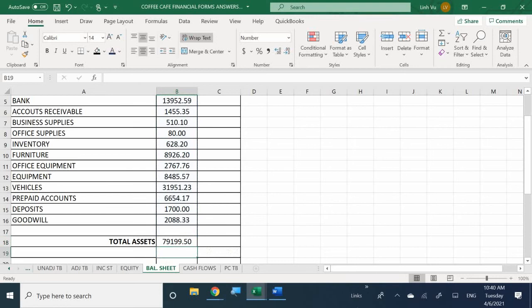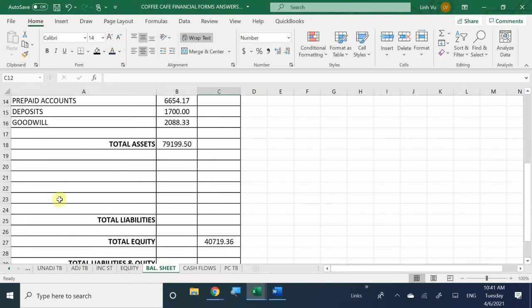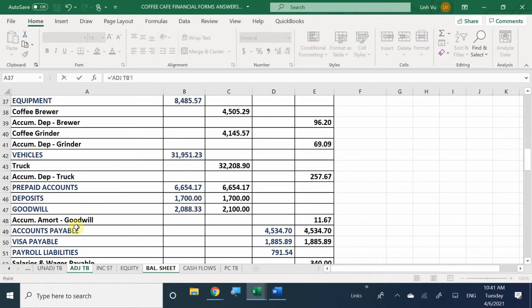So I have 79,199.50 worth of assets. Now let's go through all of our liabilities. First things first, what is my first liability?